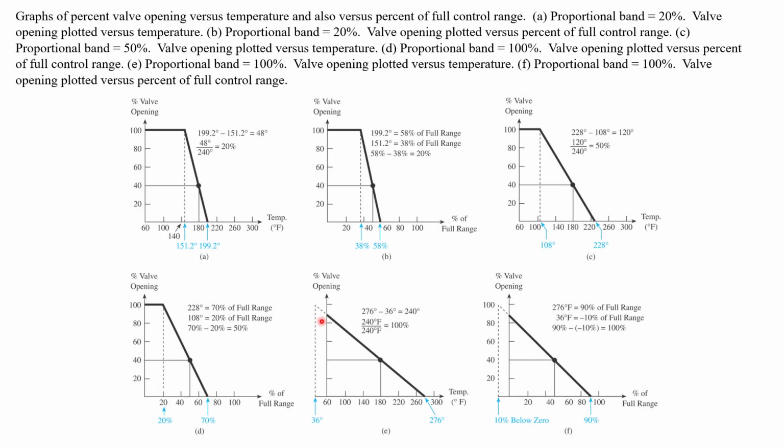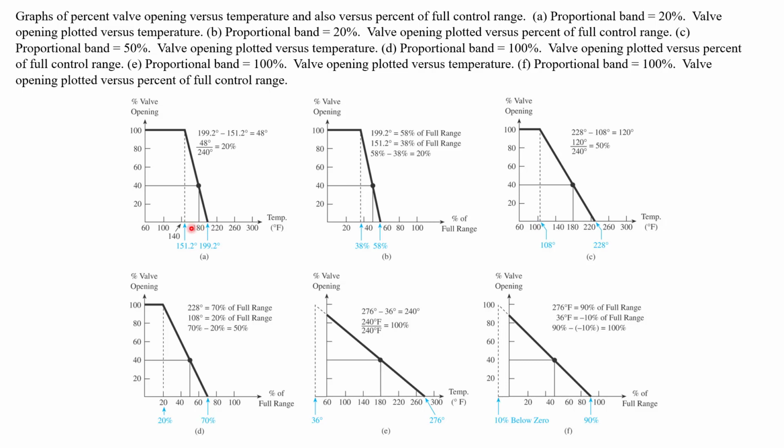And you see that we can adjust this to different rates. So the steeper the slope means a smaller change in the signal. In other words, a smaller error is creating a greater change in valve opening. So in proportional band controllers, the slope is determined by its sensitivity.